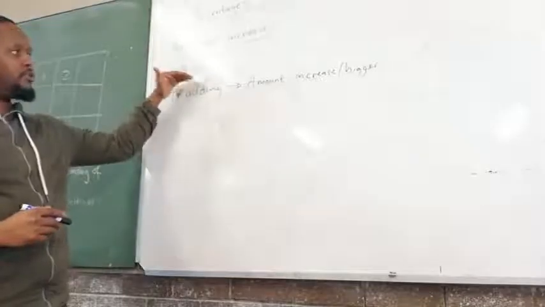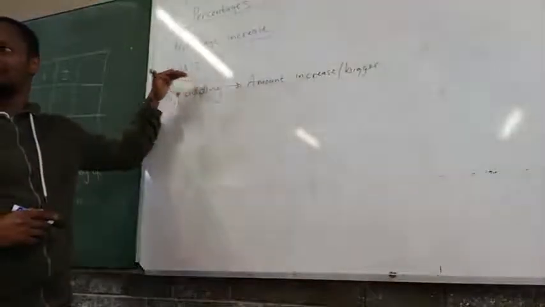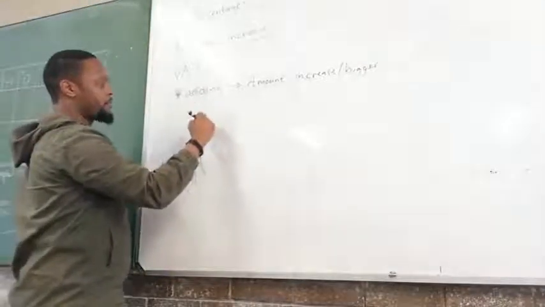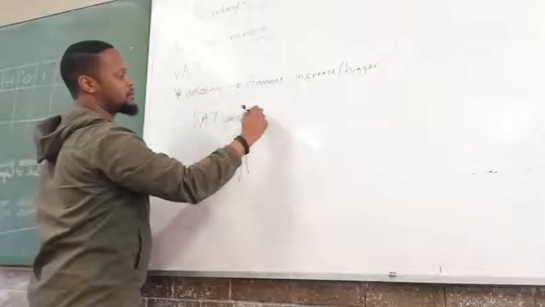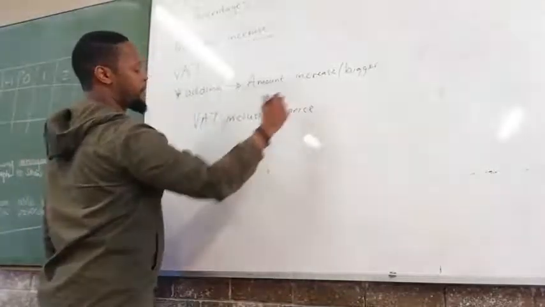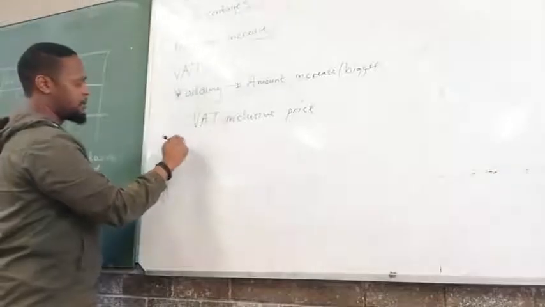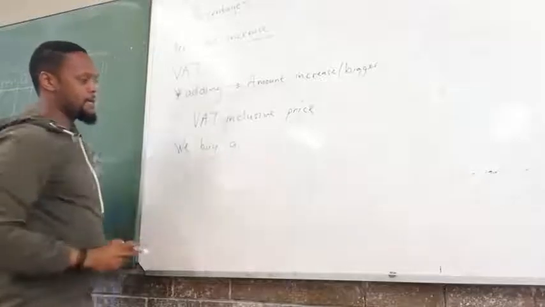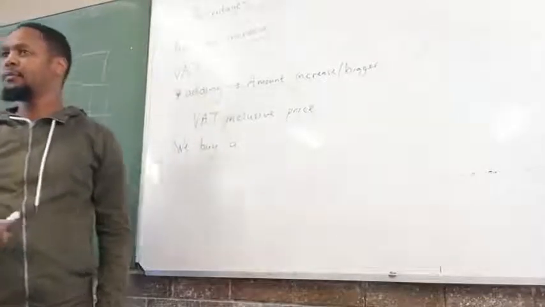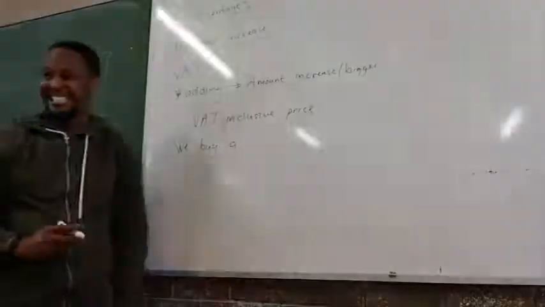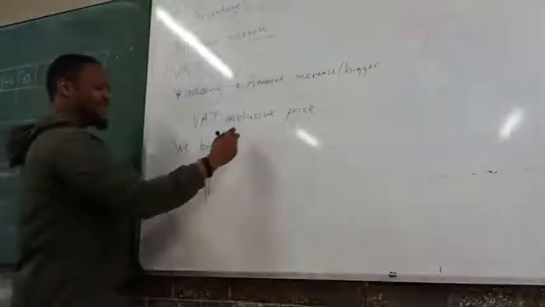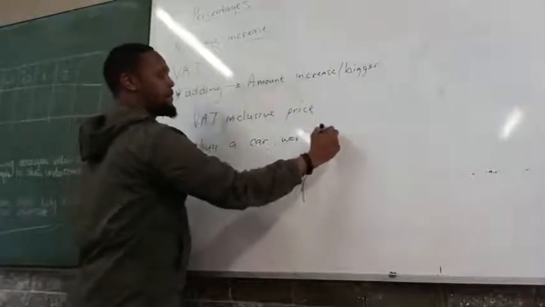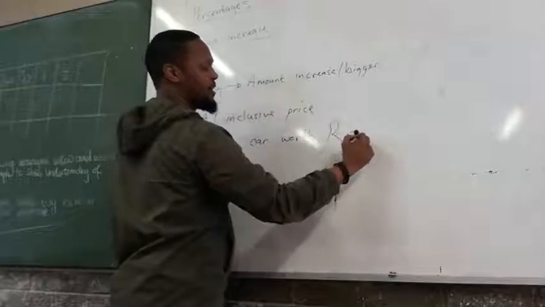Now, let's look at VAT specifically. And we are going to calculate VAT inclusive price. Let's say you buy, what are we going to buy? Let's buy a car. We buy a car worth 235,000.